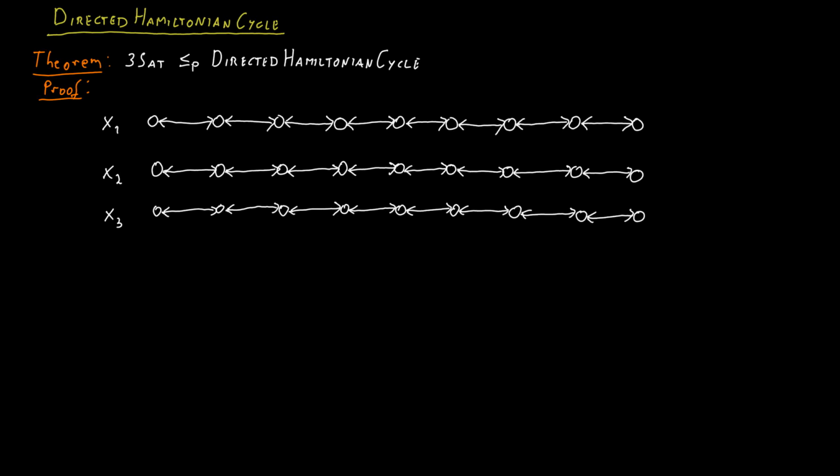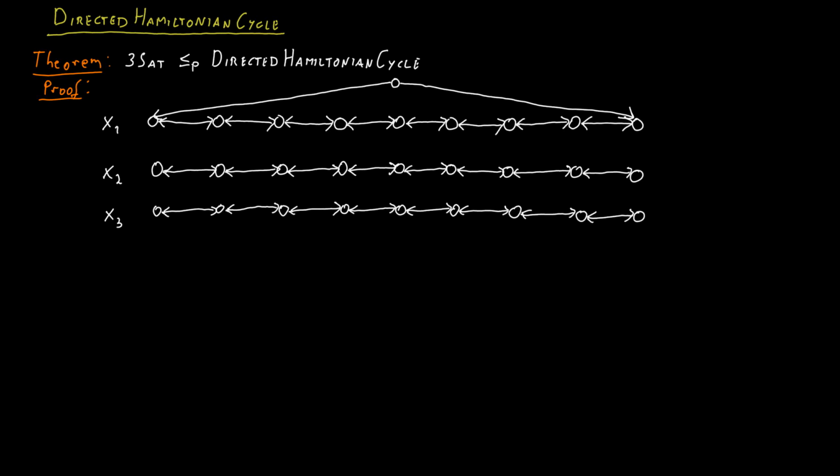And of course we need some ability to decide whether we want to start at the left end or the right end. So from some starting node, first we can go to the left end of the x1 line or the right end of the x1 line. And then we can pass through that line to the other side. And then we have the line for x2.